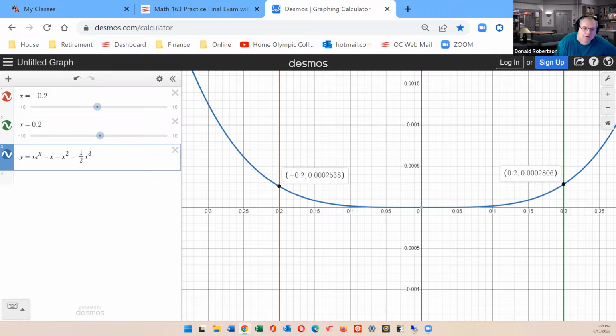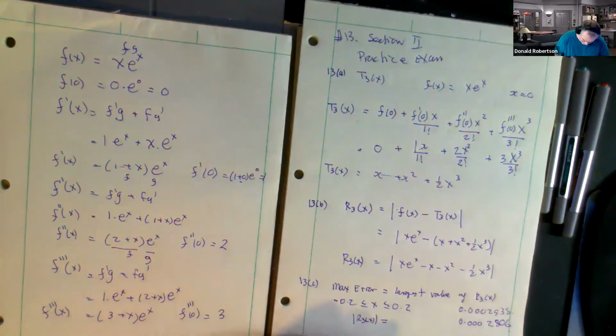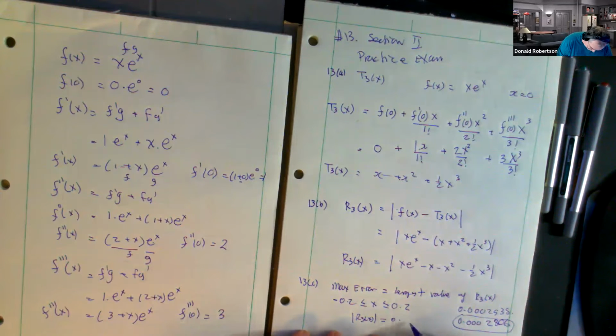So let me show you. The worst case scenario is that number there. Between the two, it's larger. So that's 0.000, I'll round it off to 3.